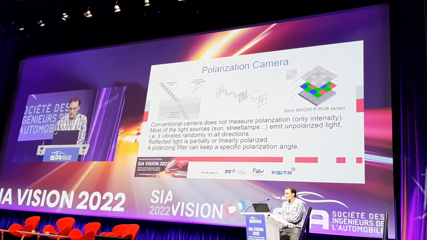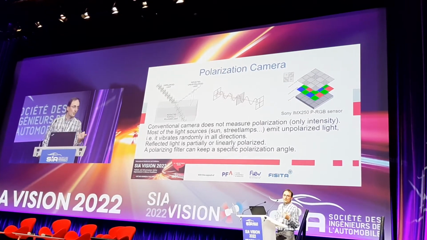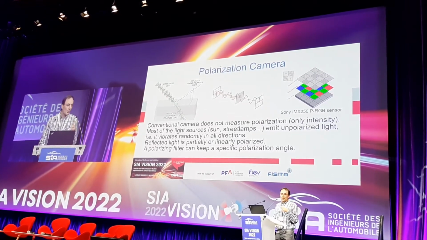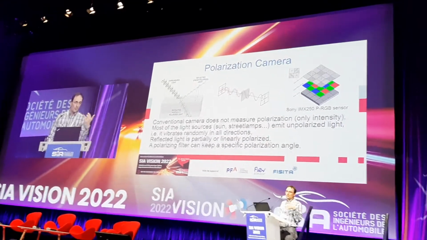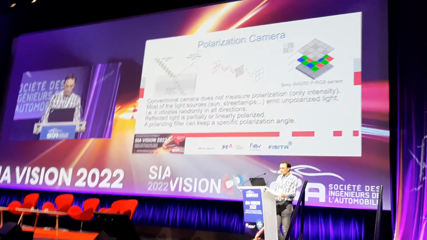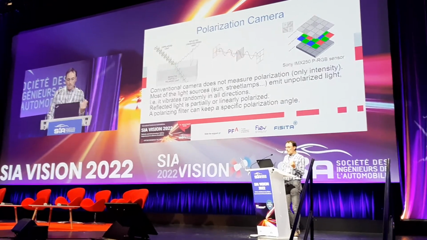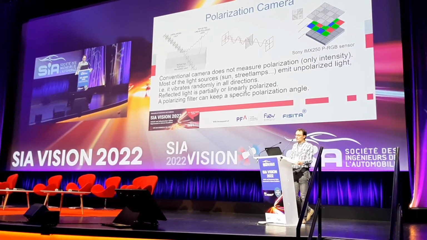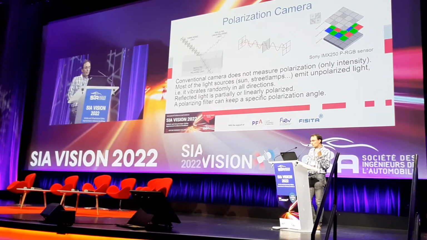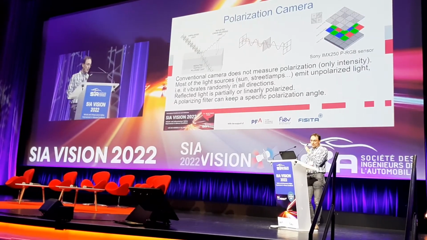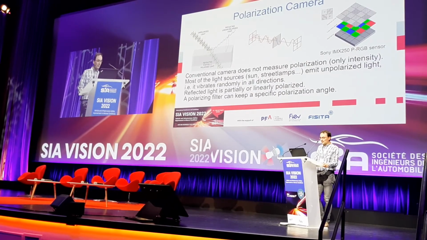Another kind of camera is the polarization camera. Transmitted light is usually unpolarized, so you have vibrations in all directions, but the angle of the polarization can be used to filter the light. It occurs especially when you have reflections on specific bodies, especially very specular reflections.